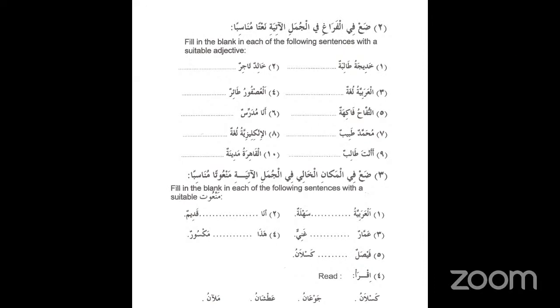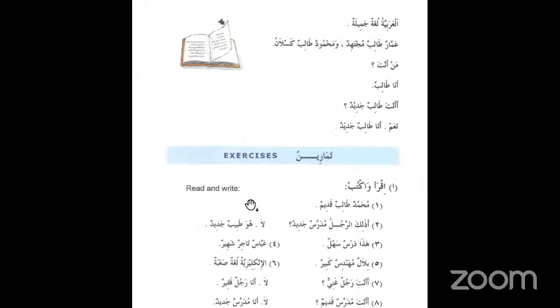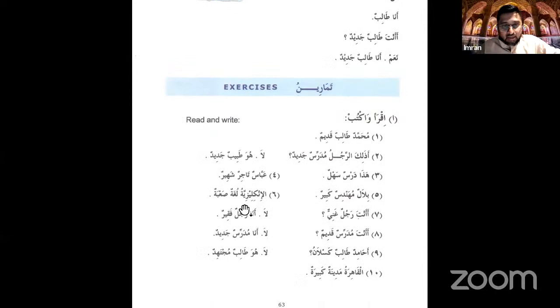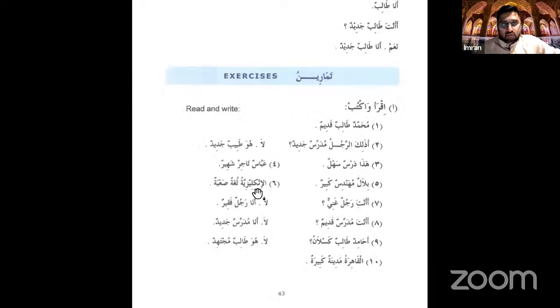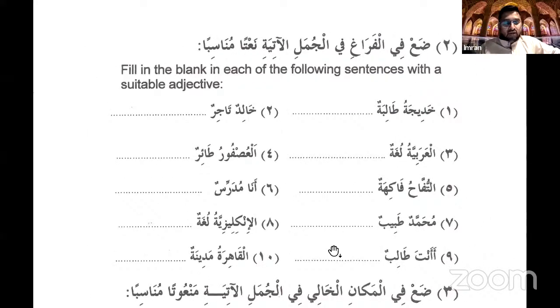The word kaslan means lazy. Like we did in the lesson before, number 9. Okay, kaslan, the opposite of mujtahidun. Excellent. Thank you.